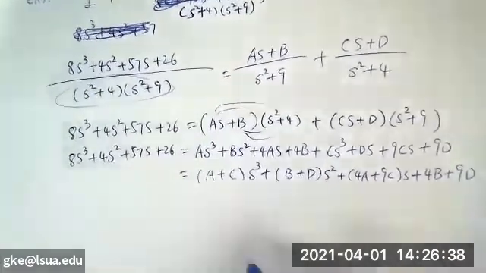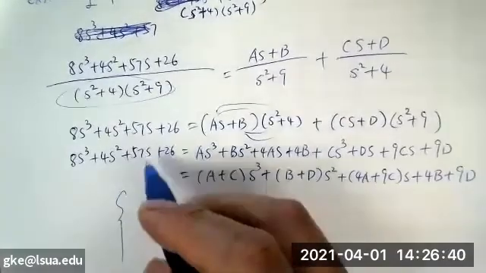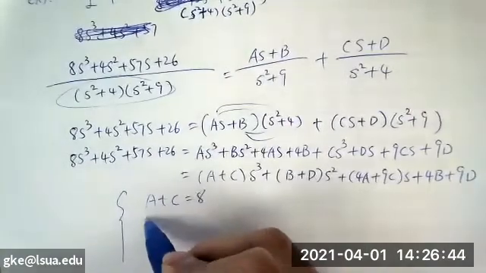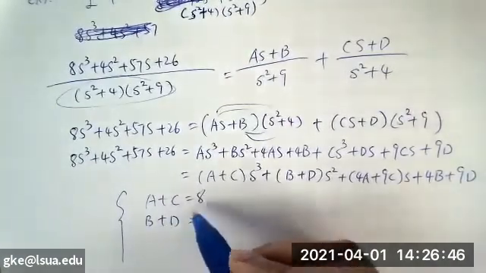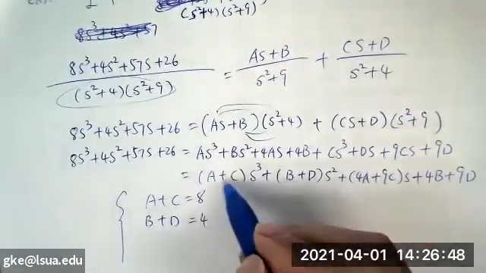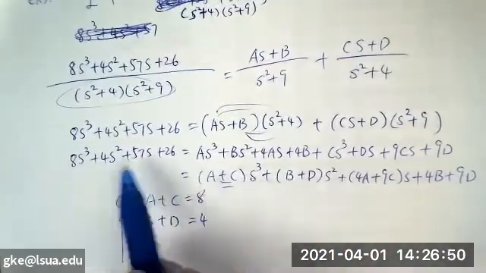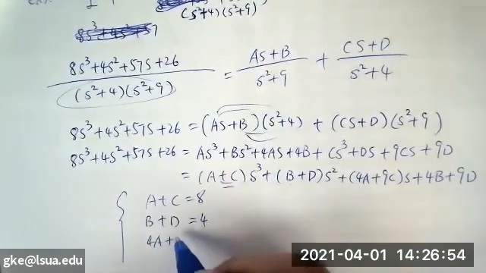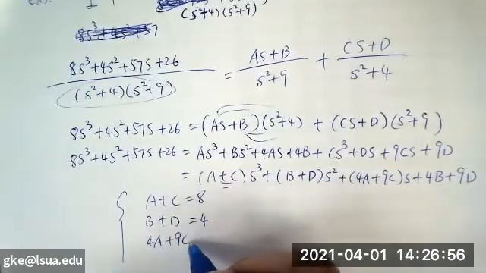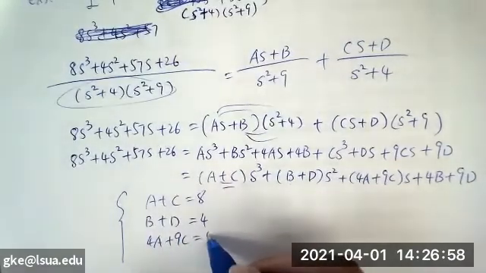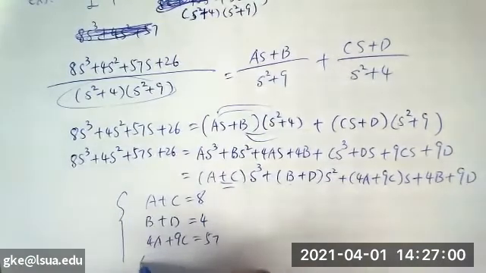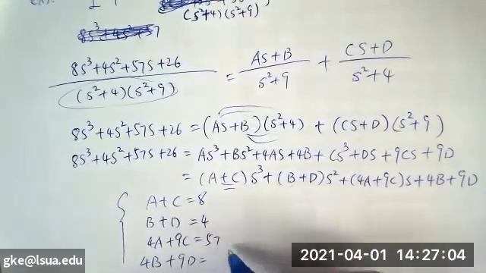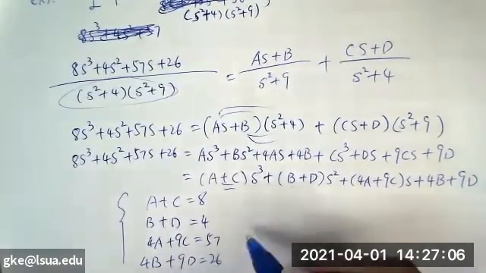And now we have a plus c equals 8, b plus d equals 4, 4a plus 9c equals 57, and 4b plus 9d equals 26.